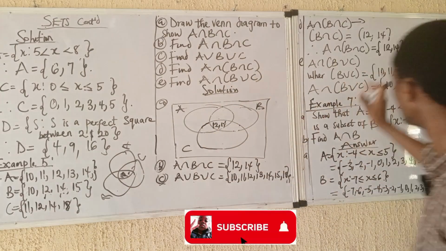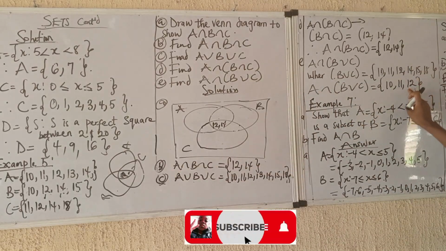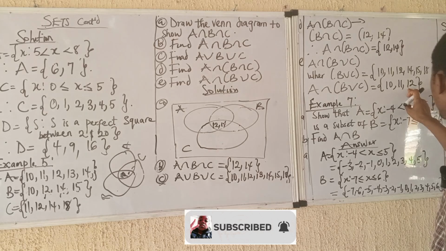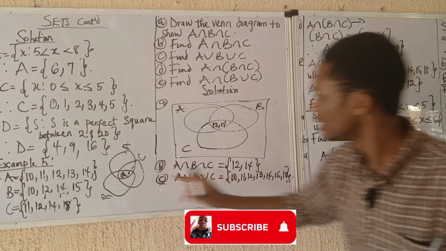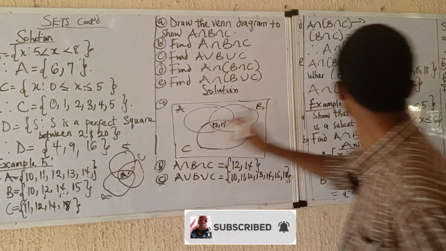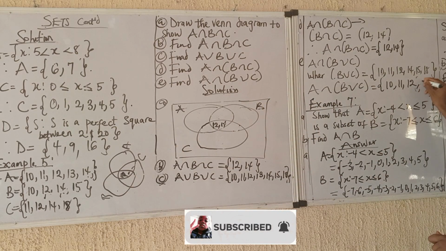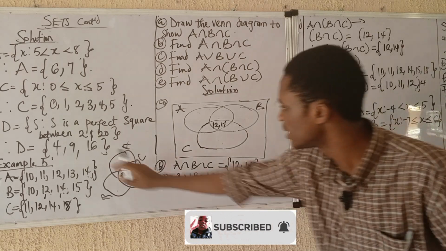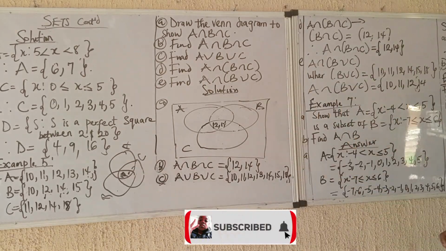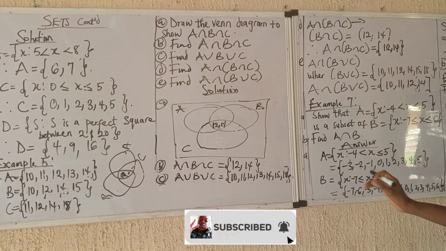Yes, 11 is common to both. 12 is common. Yes, 12 is common. Let's check 14. 14 is common. We have our 14. Okay, let's check 15. No, not 15. It ended at 14. So this is the answer to this one.